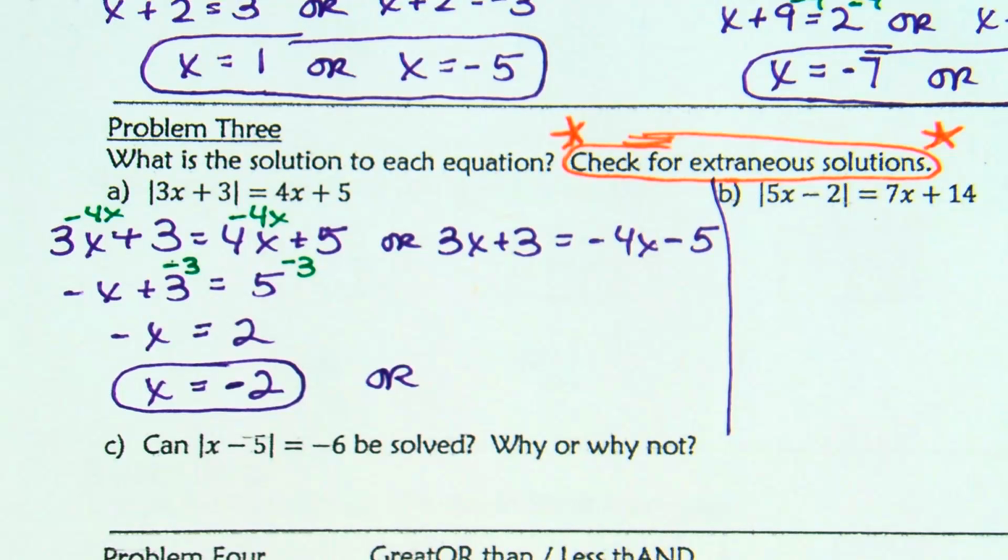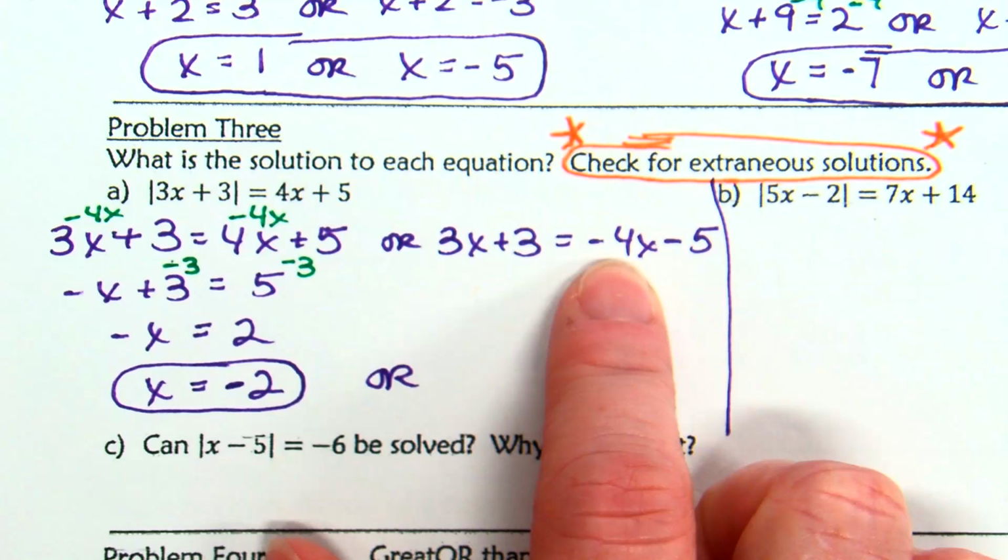Okay, so if I try and get my variables on the left, how do I move a negative 4x? Add. 3x plus 4x is 7x plus 3 equals negative 5.